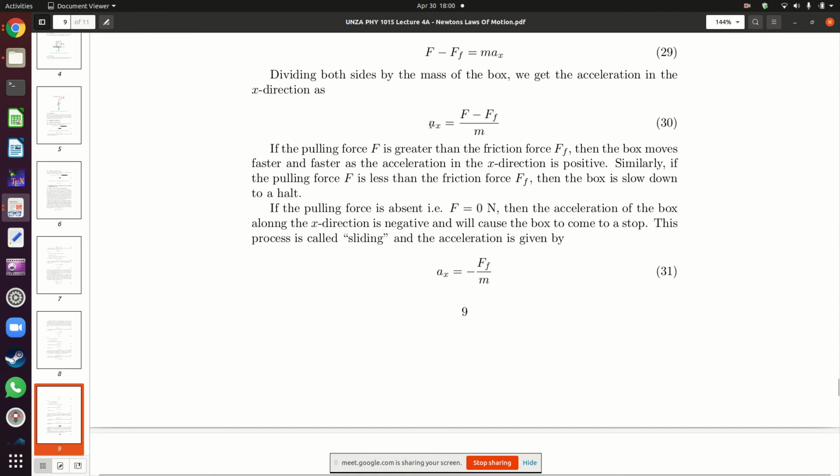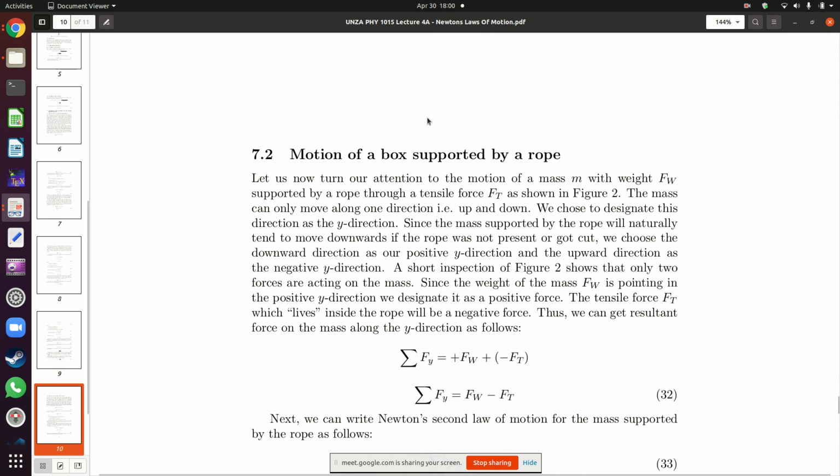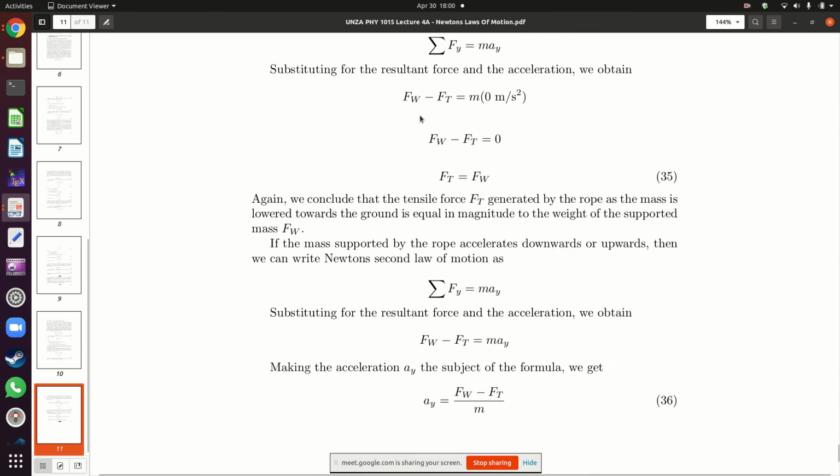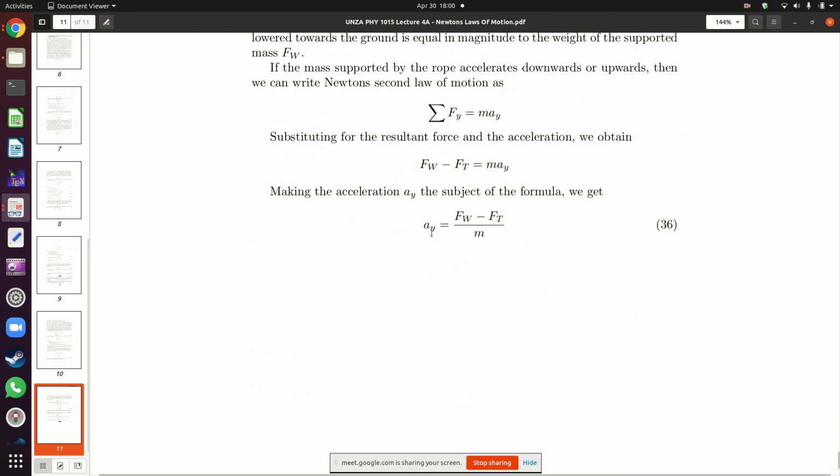This is the acceleration, because the mass on the top is going to slide on the horizontal flat surface, so there is going to be acceleration along the x direction. But this acceleration along the x direction is also going to be equal to the acceleration along the y direction, ay. The reason is because they are connected by a rope.